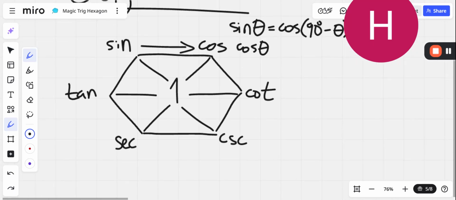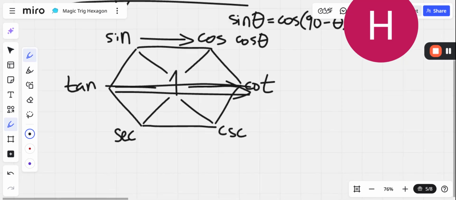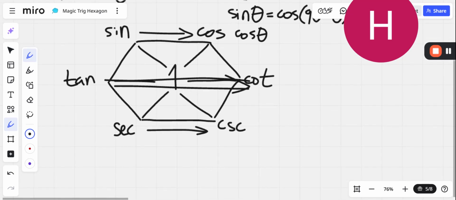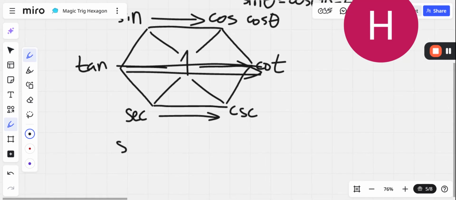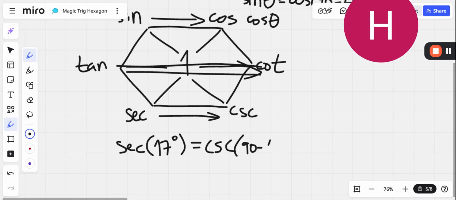We have 3 pairs of cofunction relations, basically. We have tan and, you guessed it, cotan, and then we have secant and cosecant. So for example, secant of 17 degrees would be the same as cosecant of 90 minus 17 degrees.